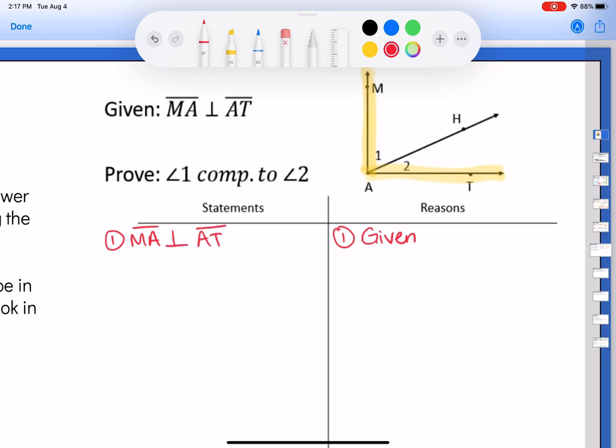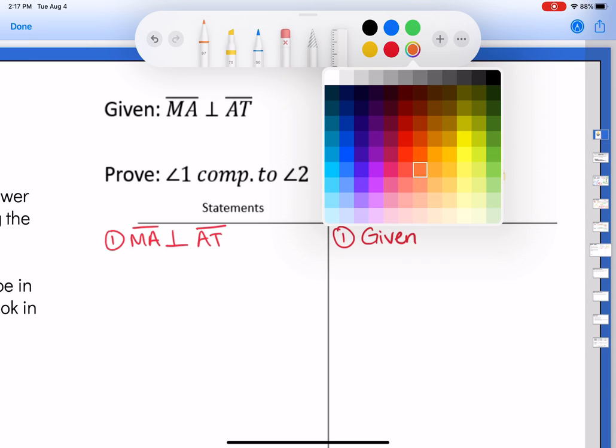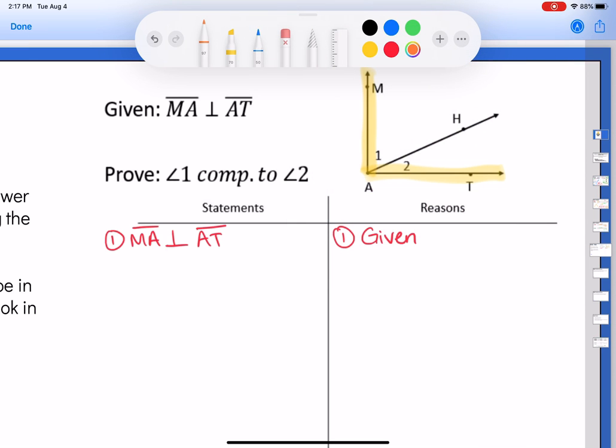Okay, well, if I know that these two segments are perpendicular, then with my definition, I know that they form a right angle, right? And remember from our example one, we have to be careful: it's the angle in between, or the angle formed by those two segments. So step 2 would say that angle MAT is a right angle.